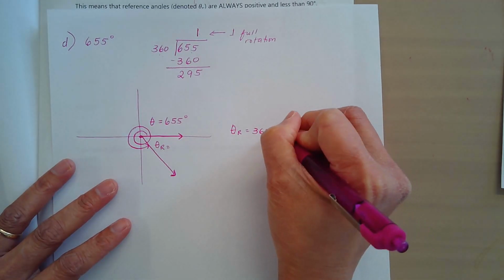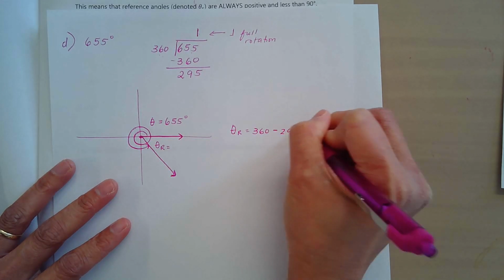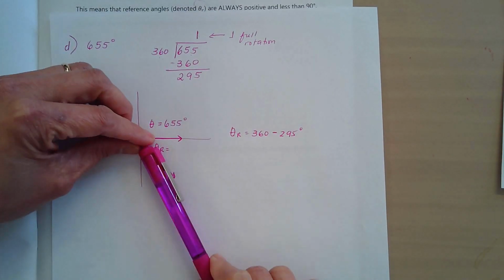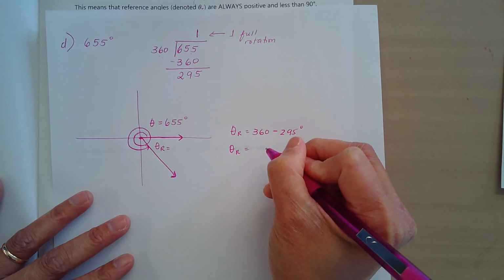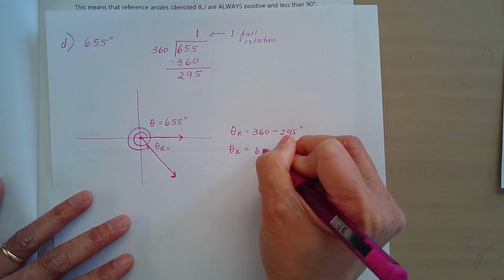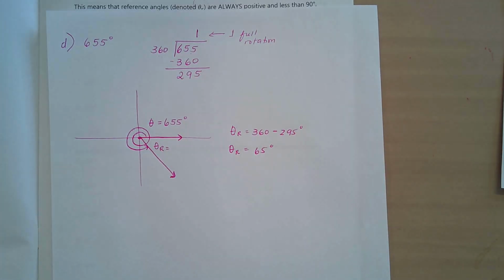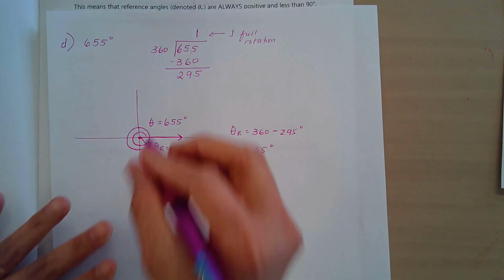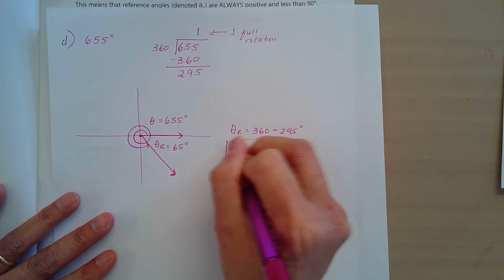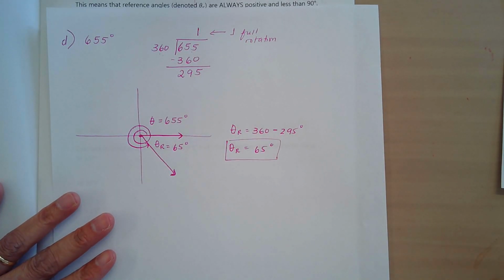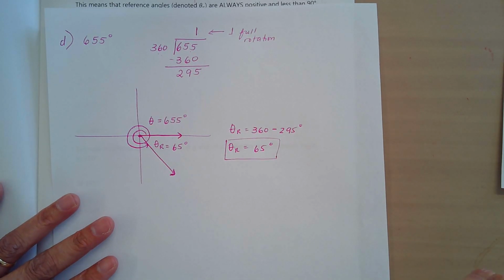And then if I take away the 295, I get 65 degrees. Okay. Would the other ideas work?